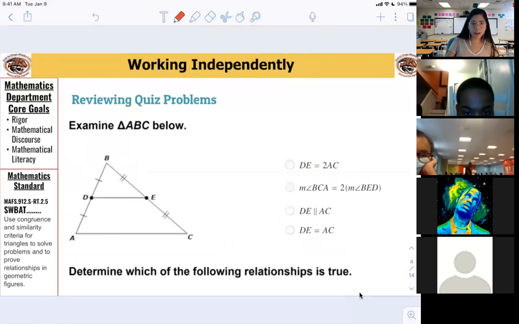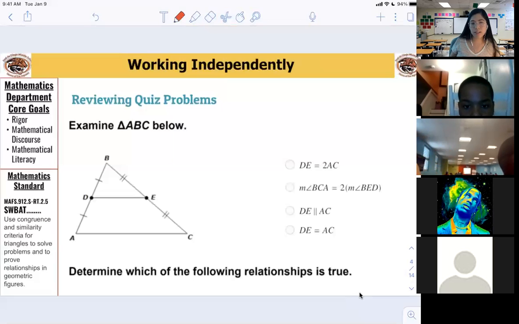All right, and then finally, this was the last one on the quiz. Examine triangle ABC below, determine which of the following relationships is true. Okay, so looking at this triangle, what do we notice that helps us to figure out what it is? So what is the same?